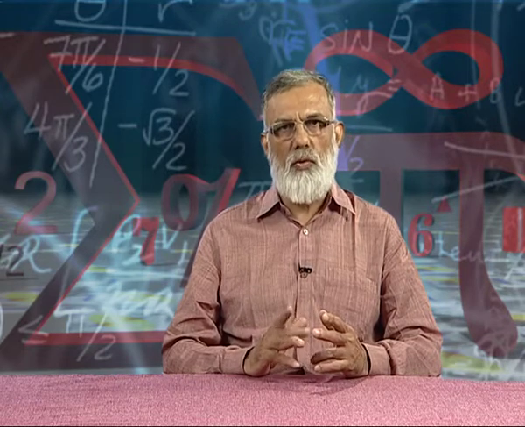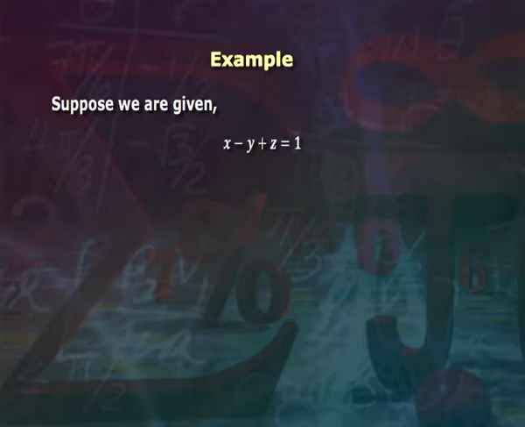When n is greater than m, in general the system is underdetermined, and by elementary row and column operations, m of the variables in the solutions can be described in terms of the remaining n minus m variables. Example, suppose we are given x minus y plus z equal to 1 and x plus y plus z equal to 1.